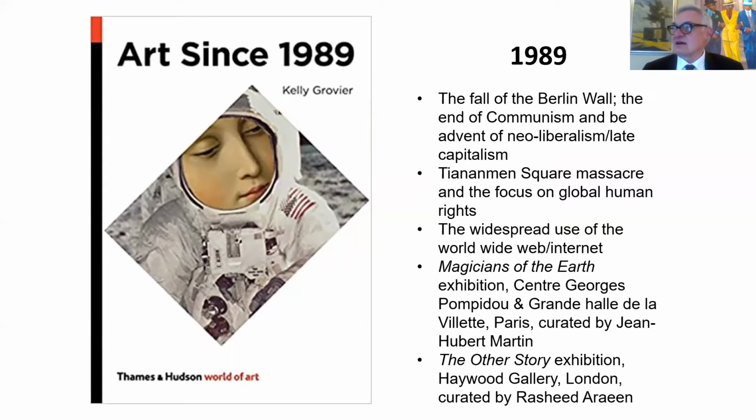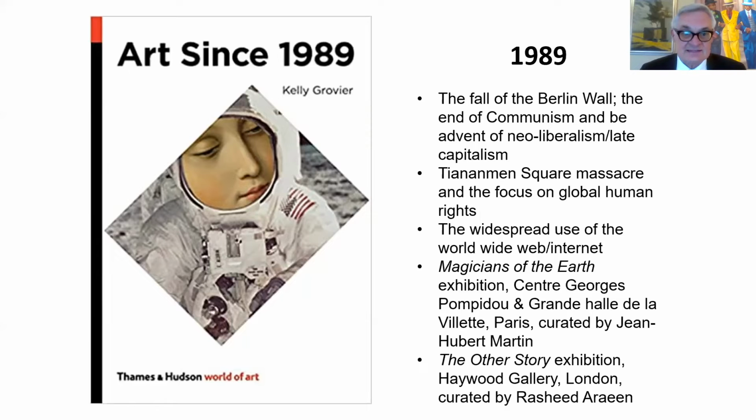On the right, I just enumerate a number of changes, social, political, economic, that changed the world in a fundamental way in that particular year, as well as the art production ever since. The fall of the Berlin Wall, for instance, end of communism and the advent of neoliberalism and late capitalism, the Tiananmen Square massacre with a focus on global human rights, widespread use of the World Wide Web or the internet.